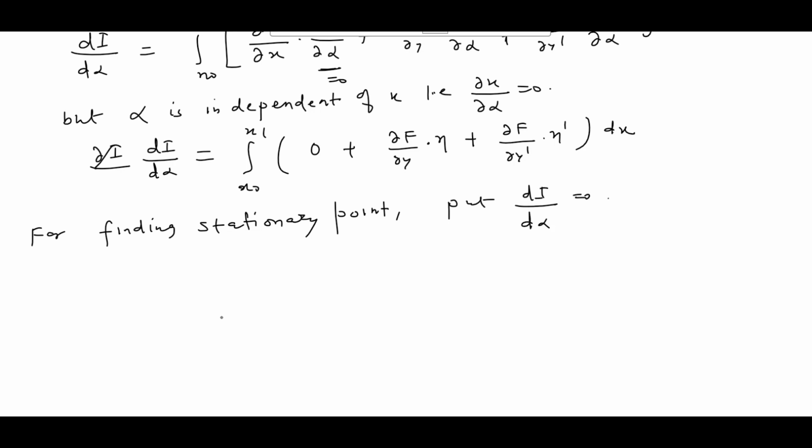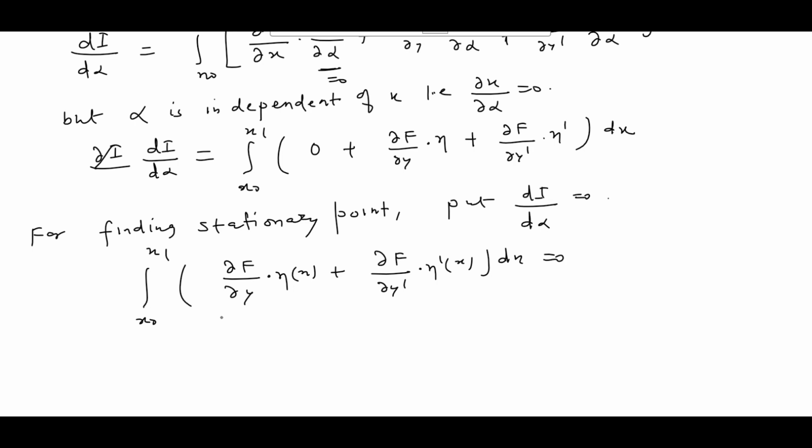If we put dI over d alpha as 0, the whole integration from x0 to x1, that is del f over del y multiplied to eta of x, plus del f over del y dash multiplied to eta dash of x, dx is equal to 0.